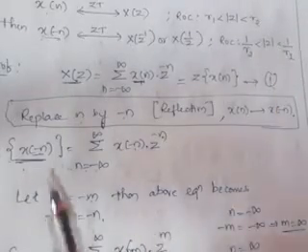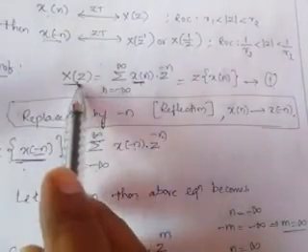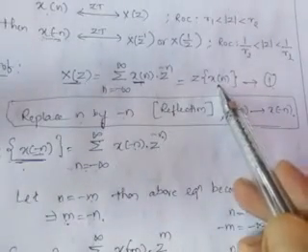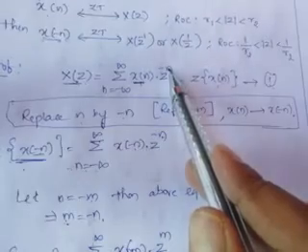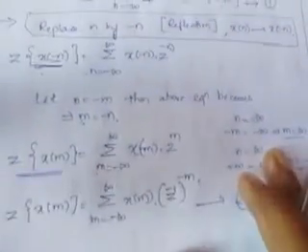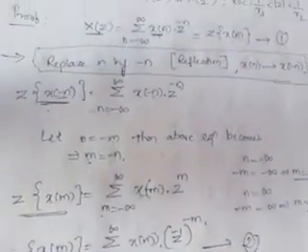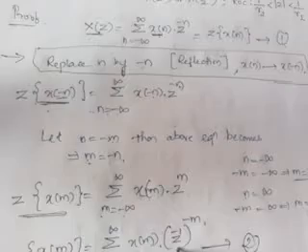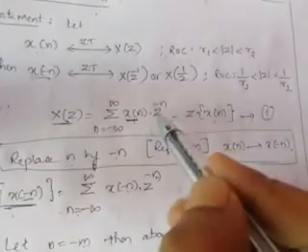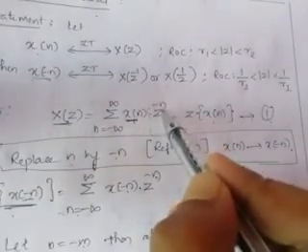See here, X of z is what? The Z transform of x of n. So here observe the z term: z to the power minus n is there. If it is so, coming to equation 2, this indicates what? It is the Z transform of x of m. X of m is there, and this indicates z to the power plus 1.